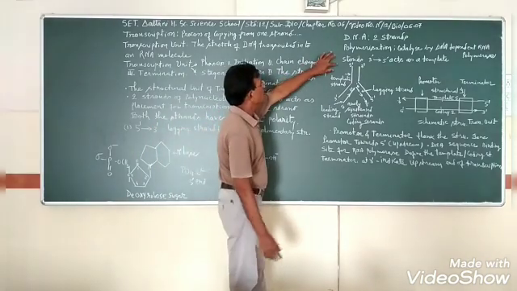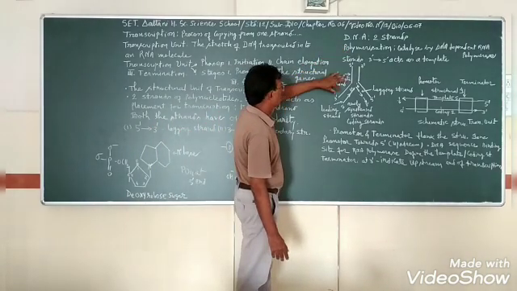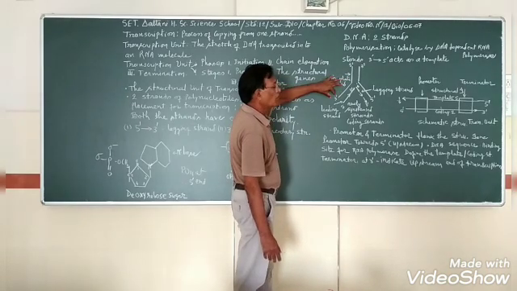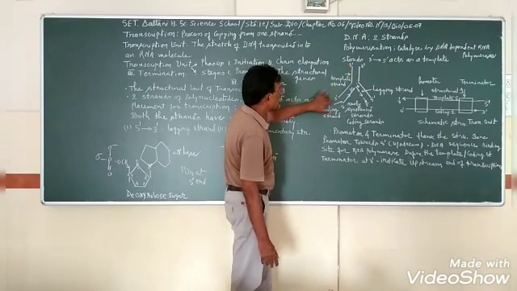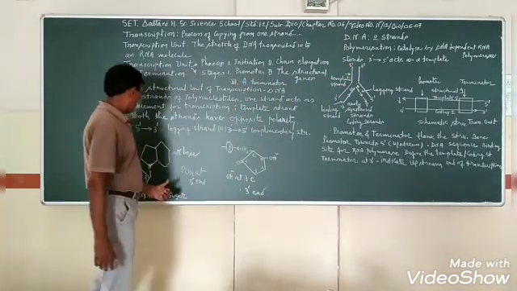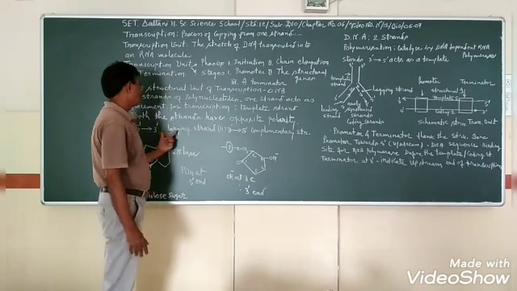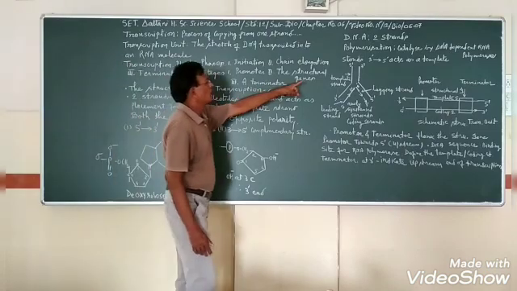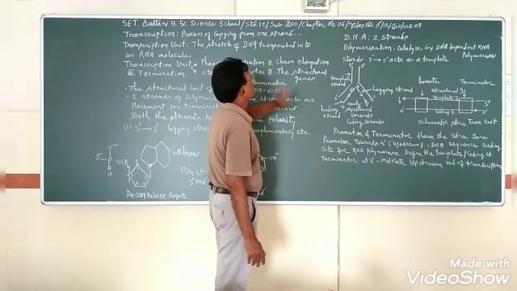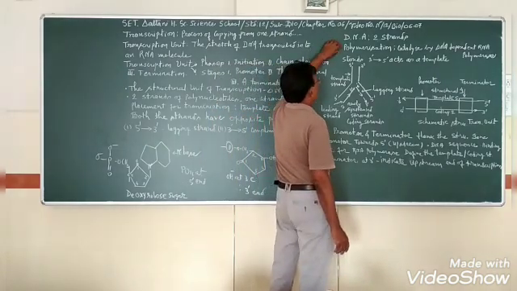So accordingly, here is the phosphate on the 5th carbon, and here is the OH hydroxy group on the other carbon. That is why the polarity is said to be 5 to 3, and it is a template strand. Now see, DNA has two strands.